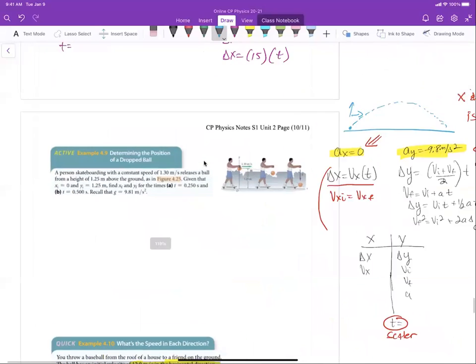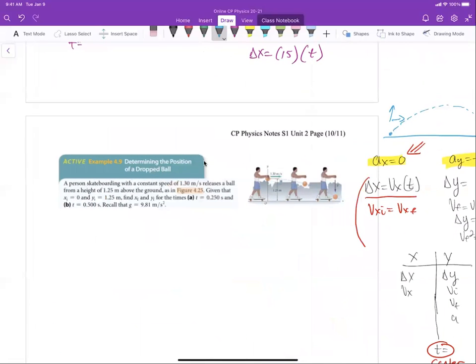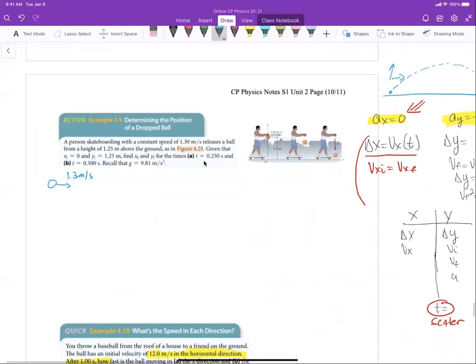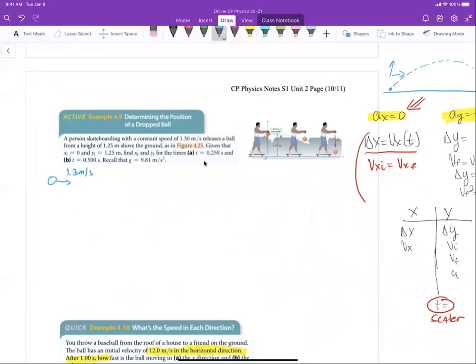All right, the other thing we might do is this problem right here. I have a person that's skateboarding with a constant speed of 1.3 meters per second. I am at an initial height of 1.25 meters.